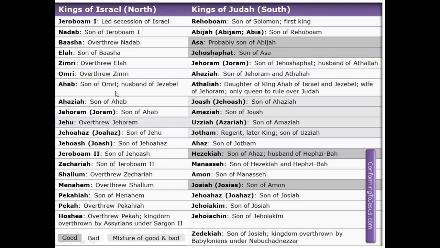So in the dynasty of Omri, Ahab and Jezebel also took over after the death of Omri. His son Ahab took over. Now, we all know the thing about Ahab. We know how Ahab ruled for 21 years, and how he did evil in the sight of God.